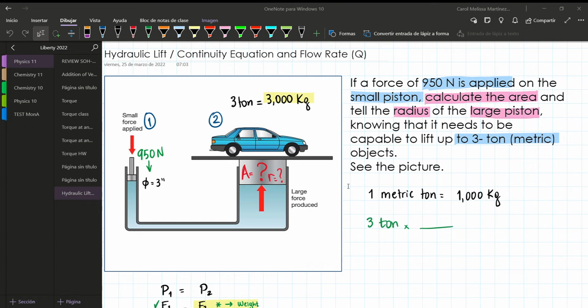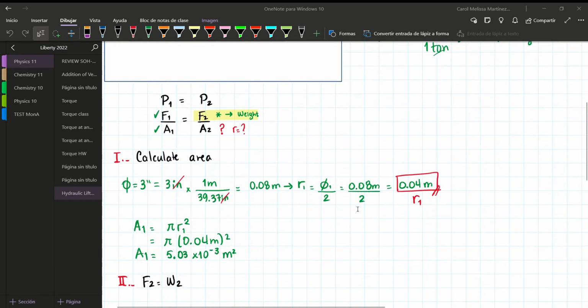In 1 ton, you have 1,000 kilograms. Okay, not a big deal, but remember that you have to show all your work. So I know the mass of the object too. The mass that it should be lifted should be 3,000 kilograms.